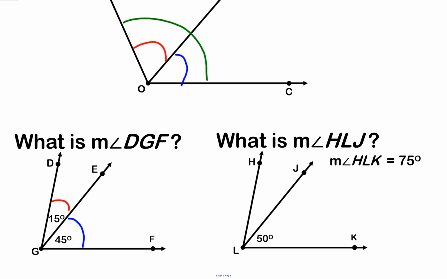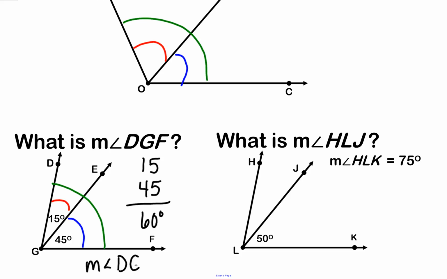Here's 45. I want to find the whole, so I'm going to take 15 and 45 and add them together to get 60 degrees. So the measure of angle DGF is equal to 60 degrees.